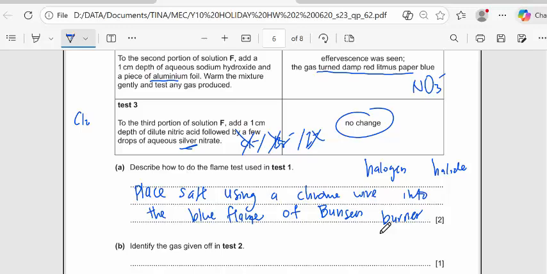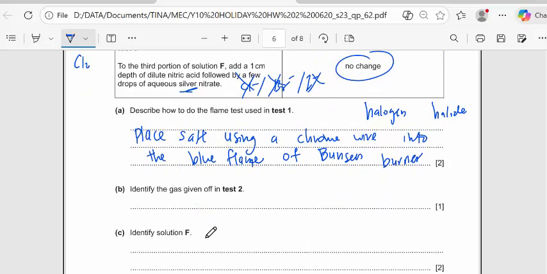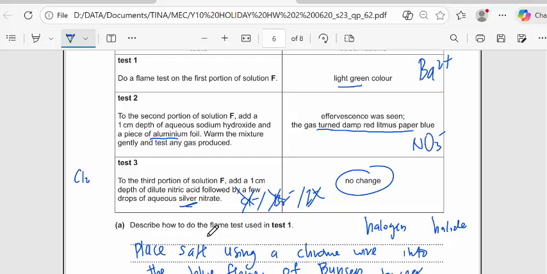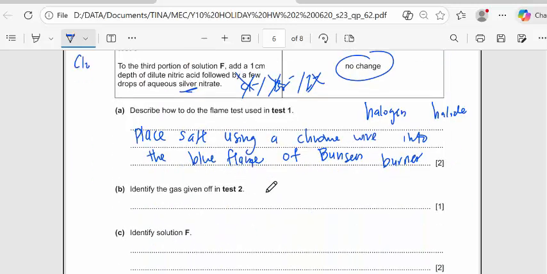Okay. The blue flame of a Bunsen burner. What is test 2? Question ammonia. Yeah, the gas is ammonia.